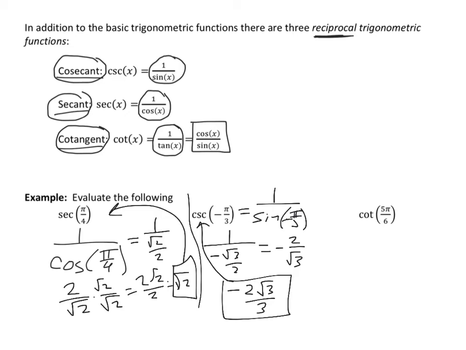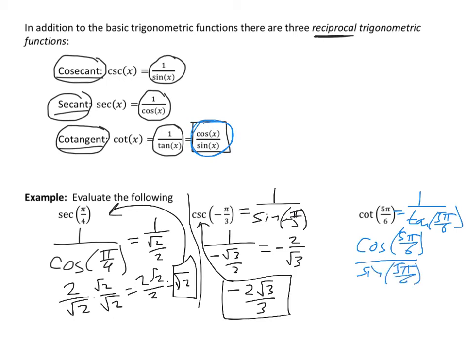For this last one, the cotangent of 5 pi over 6, we can either think about this as being 1 over the tangent of 5 pi over 6, or we can go straight to the reciprocal of what we usually think of. We could think of this as just cosine of 5 pi over 6 over the sine of 5 pi over 6. And then again, we're thinking about our unit circle.